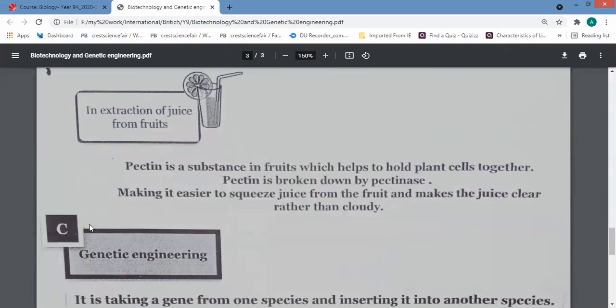Next point, about the extraction of juice from fruits. In this part, we just talk about pectin.